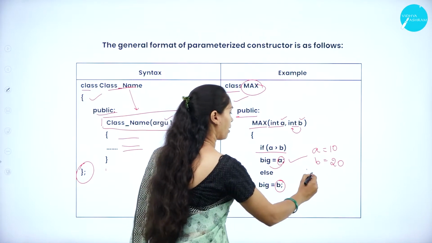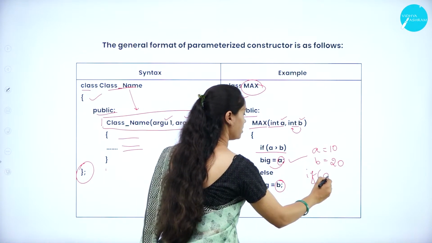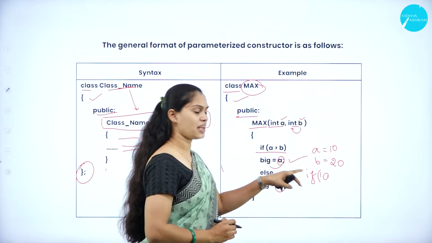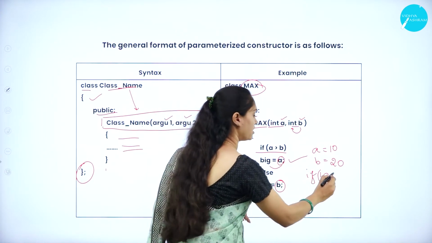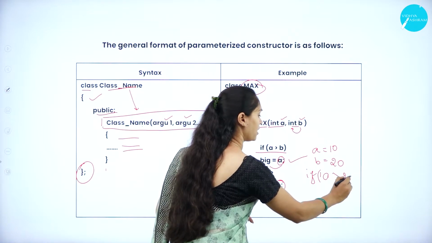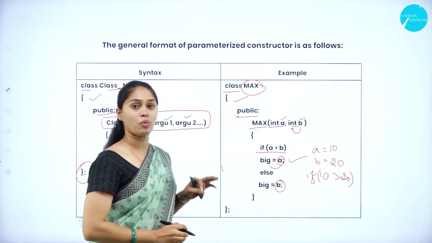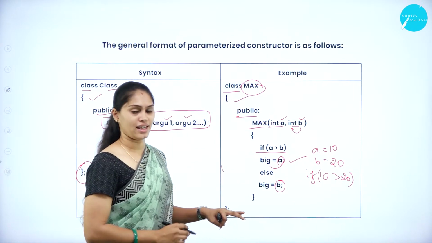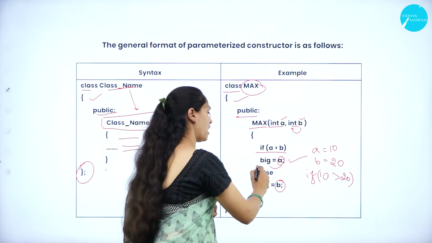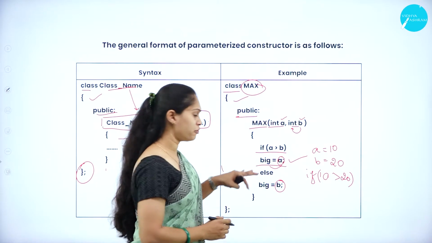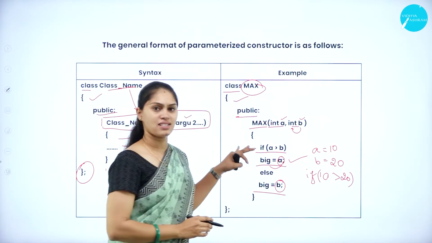Then I am going to apply these values to the condition. That means if A greater than B, in the sense A is nothing but 10, I am checking whether 10 is greater than 20, whether it is true or false. If it is true, then A will be assigned as big. If not, then B will be assigned as big.